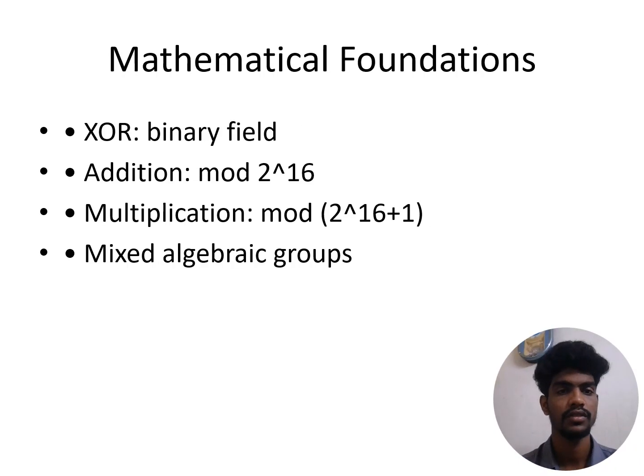Mathematical foundation. The mathematical strength of IDEA comes from using operations from different algebraic groups. XOR works on binary fields. Addition works modulo 2^16 and multiplication works modulo 2^16 plus 1.